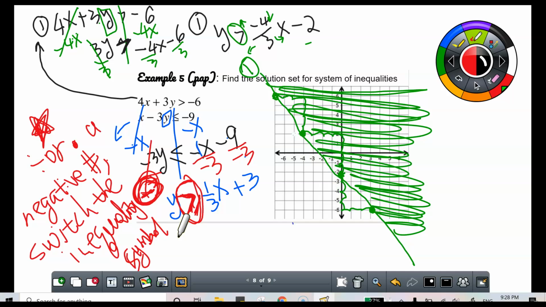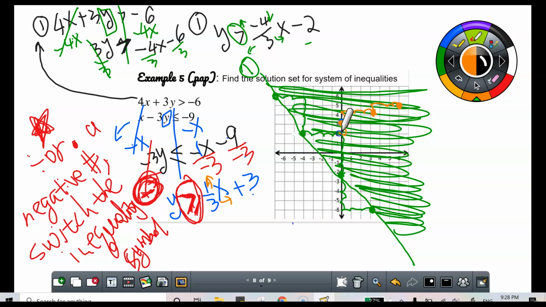We can graph it. So y-intercept is 3. Let me change the color. Slope is positive 1/3. So we're going to go up 1, go right 3. Do the same in the other direction.